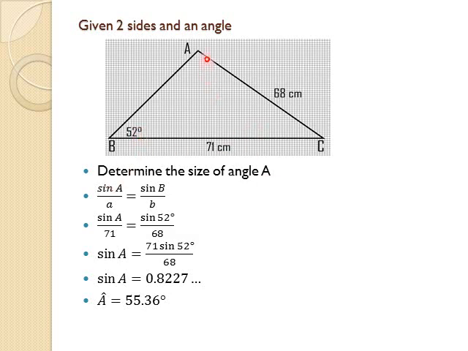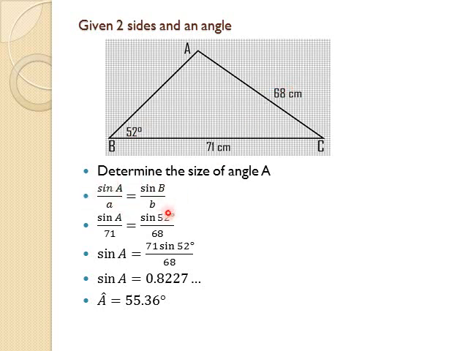So they want me to determine the size of angle A. So as soon as I want the angle, I will write sine on top and the side at the bottom. So the sine of A over a here must equal the sine of B over b there. Right, so always angle and the side opposite it.